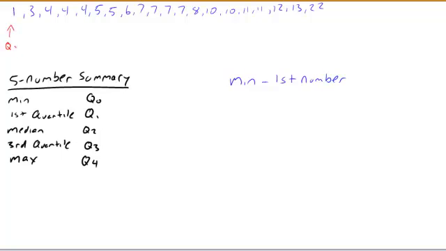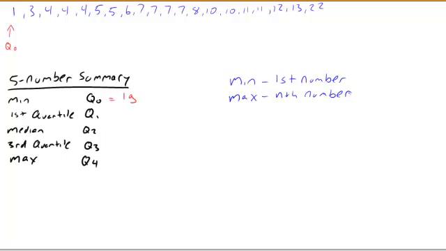This is quartile 0, which equals 1 gram of sugar. The next easiest one to find is my maximum. It's my nth number.